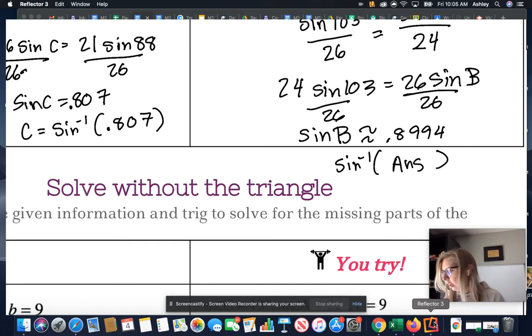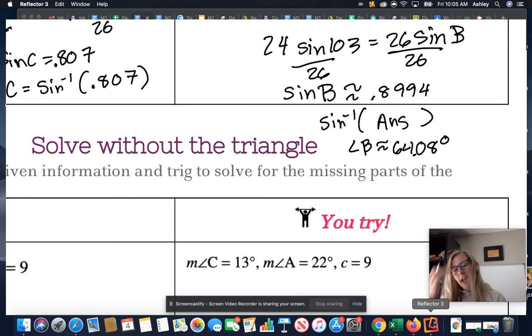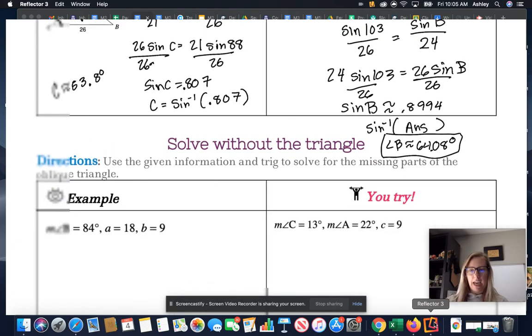So we're going to take arc sine, or sine to the negative 1 of that 0.899 business, and we are going to get that angle B is about 64.08 degrees. Okay, again, the triangle sum theorem will help you solve for the other missing angle.